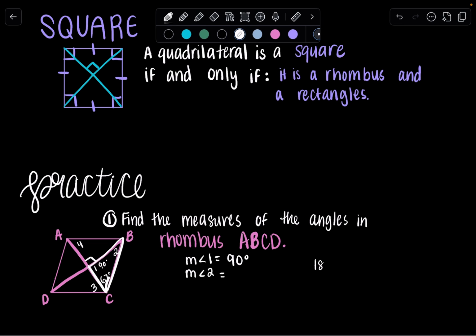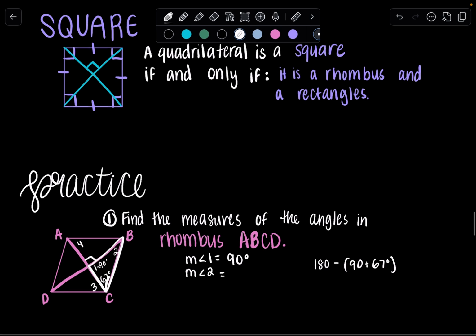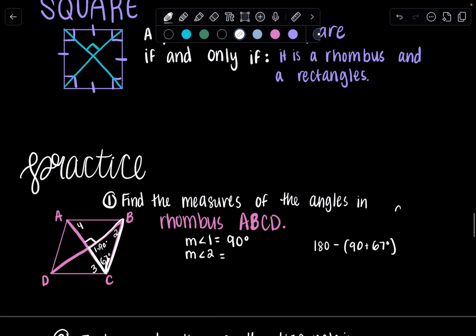So I'm going to take 180 and subtract the sum of 90 plus 67, because the measure of angle 1 was 90 degrees. 90 plus 67 is 157. Now I'm going to subtract 157 from 180, and I get 23. So the measure of angle 2 is 23 degrees. There's another way we can find that, which I'm going to look at in just a little bit.